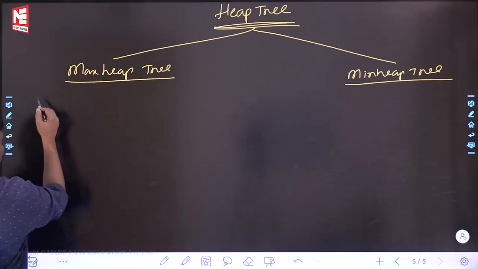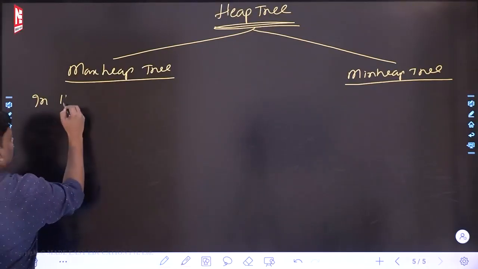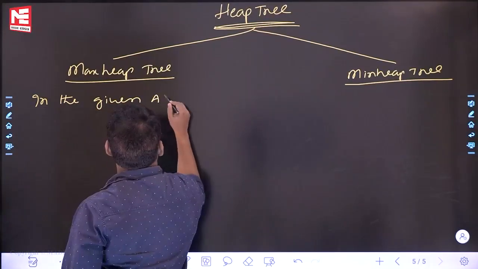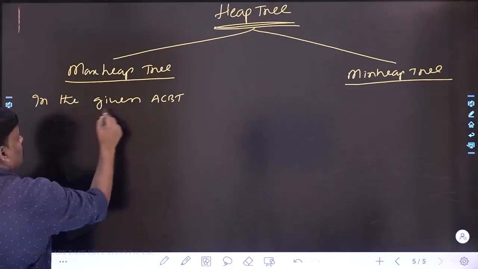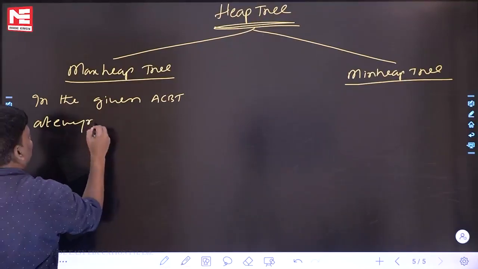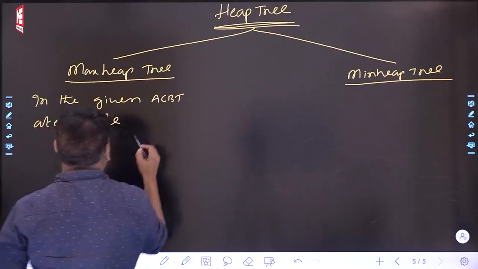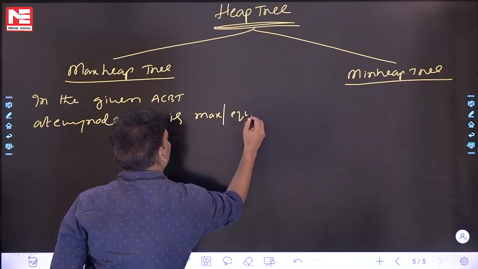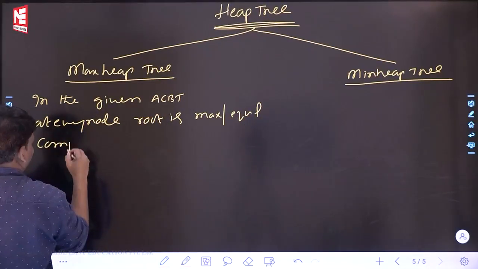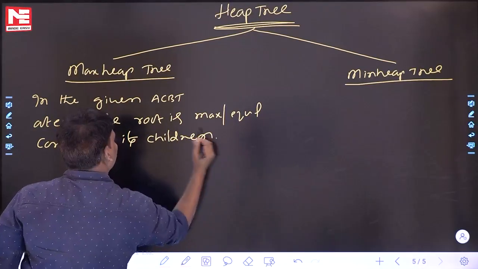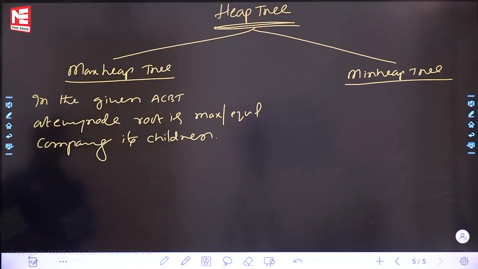Max heap tree. I am writing the definition also, please see. In the given almost complete binary tree, at every node, the root is maximum or equal compared to its children.